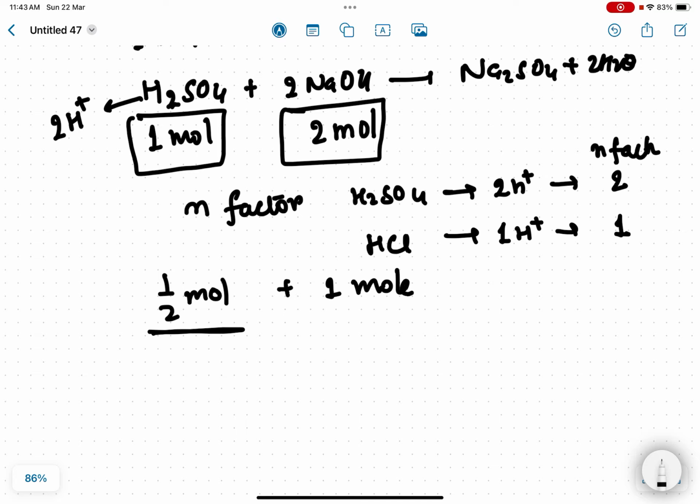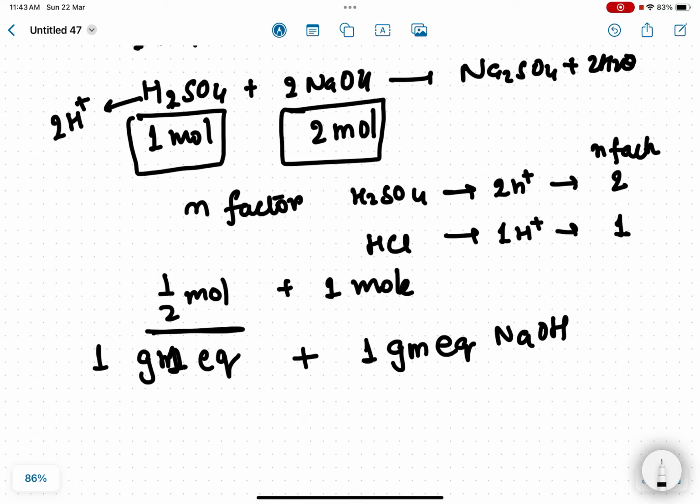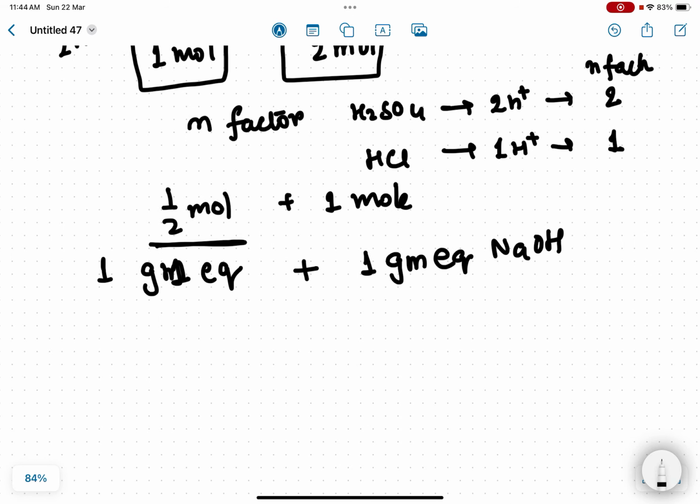So here it can be said that half a mole, which means 1 gram equivalent of H2SO4, is neutralizing 1 gram equivalent of NaOH.